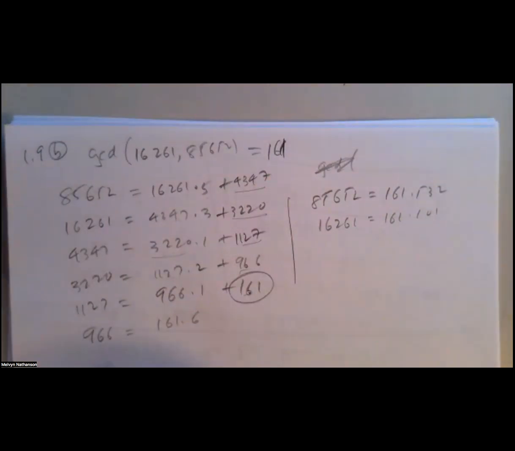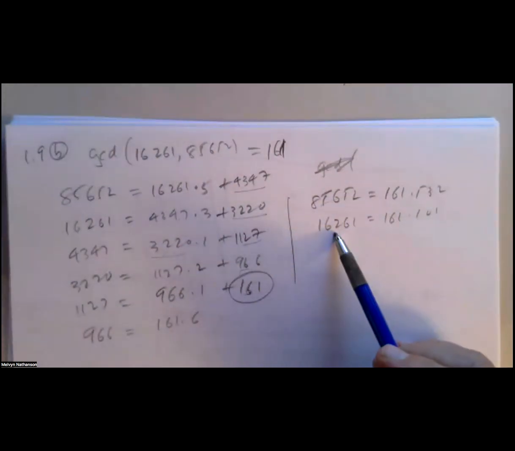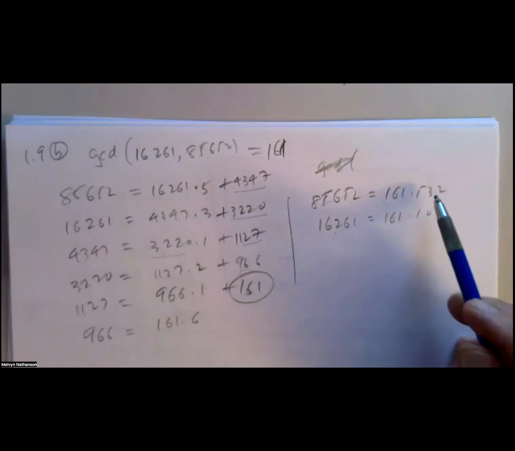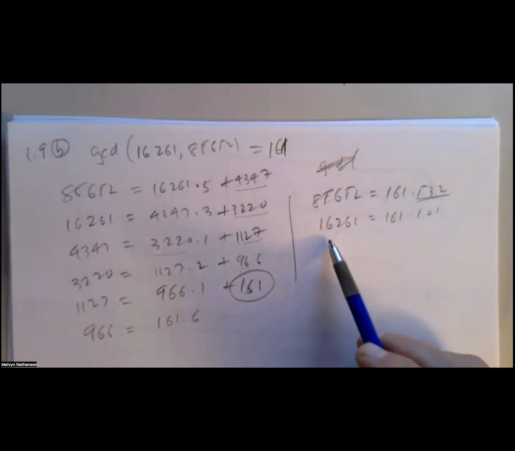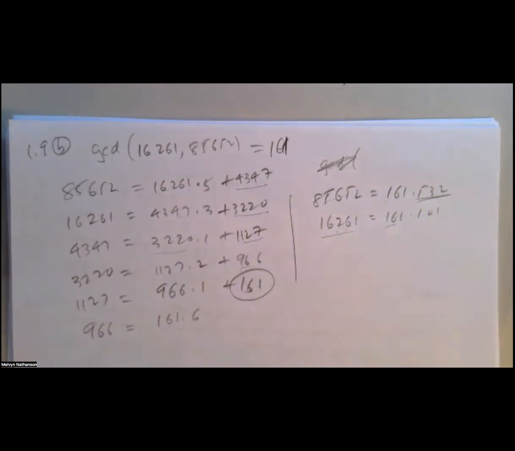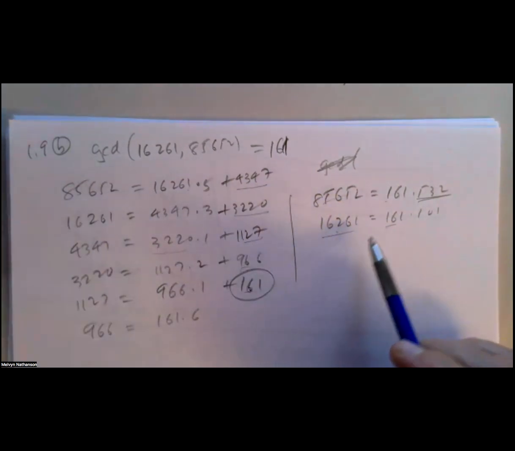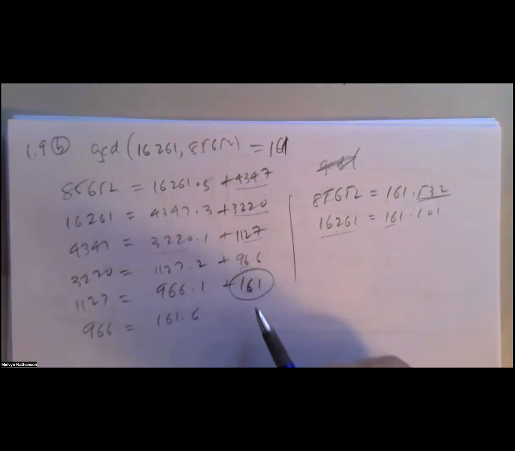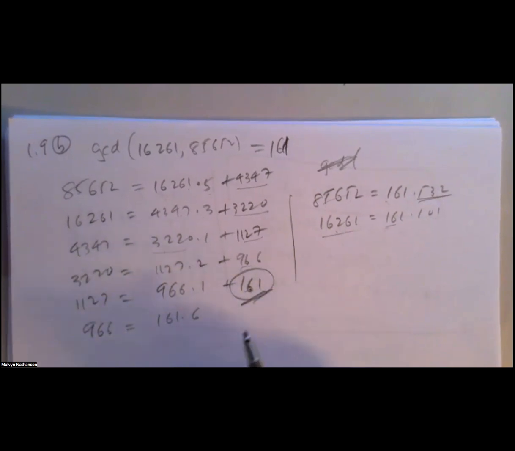These are the two numbers I started with. 532 and 101 are relatively prime. So the greatest common divisor of these two numbers is indeed 161.